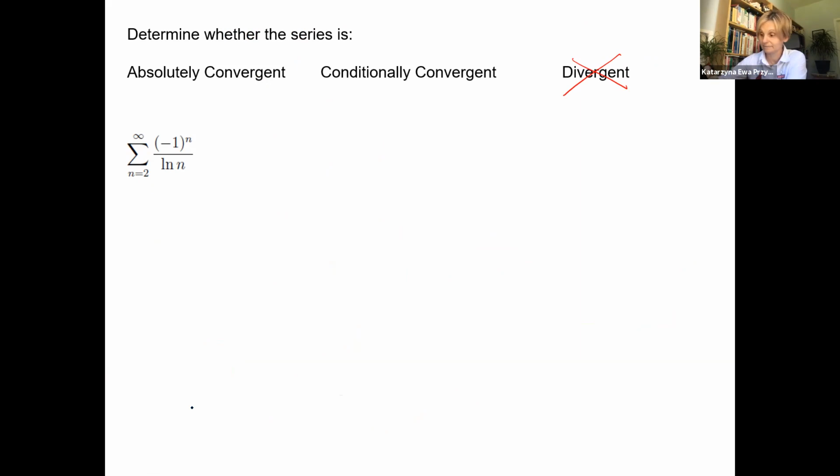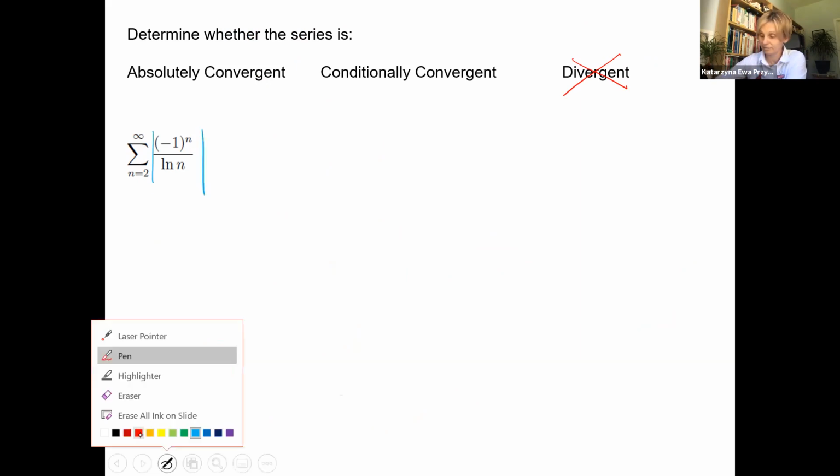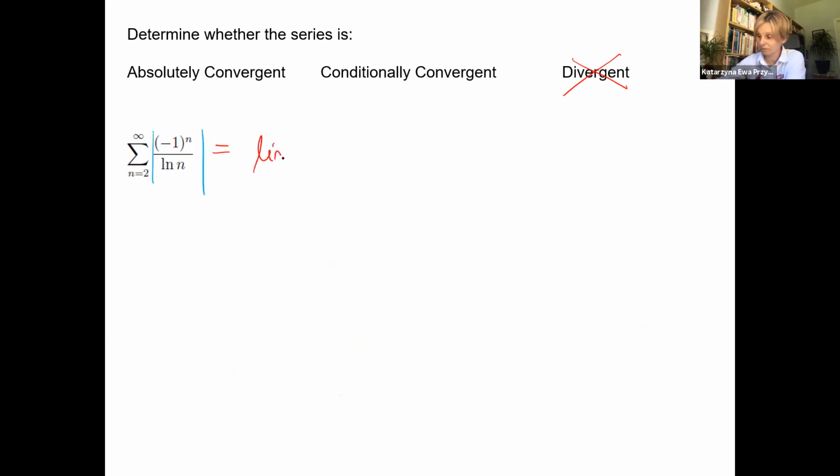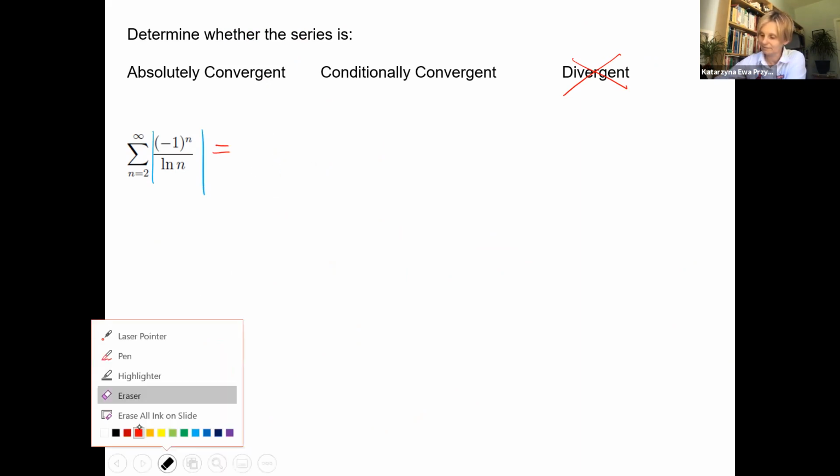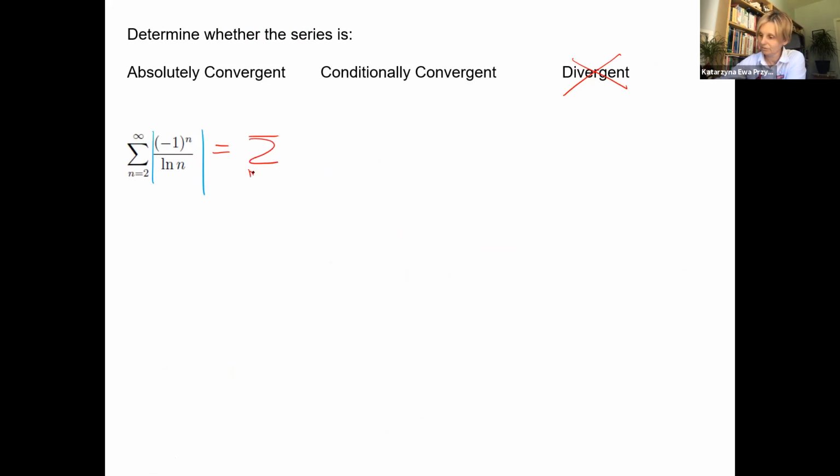Let's test. Absolute value will give us, let me start from 3, we know why. Natural log of n will stay natural log of n, negative 1 to the n will become positive 1 always. Okay, 1 over ln of n. Eva is saying it is absolutely convergent.